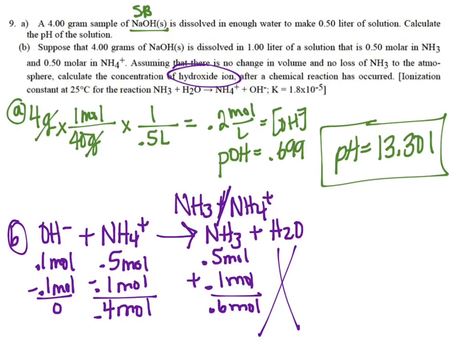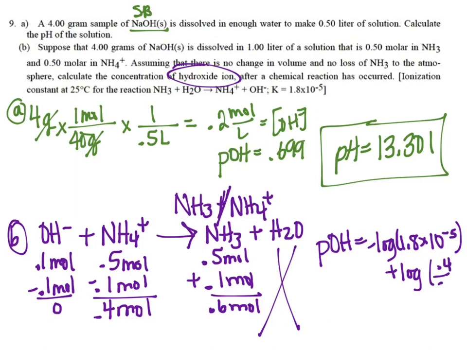So now we are ready to say that pOH is equal to our pKb, so that's the negative log of 1.8 times 10 to the negative 5th, plus the log of our ion over our base. Since they just say K, do we just assume that they gave us Kb?